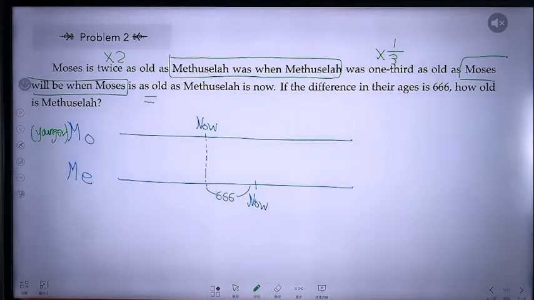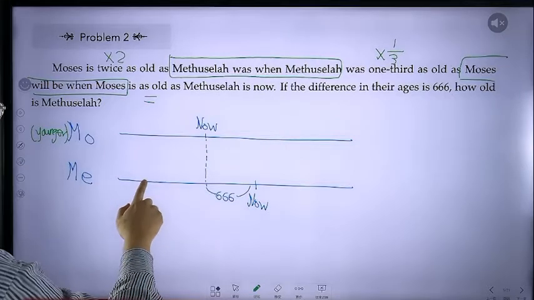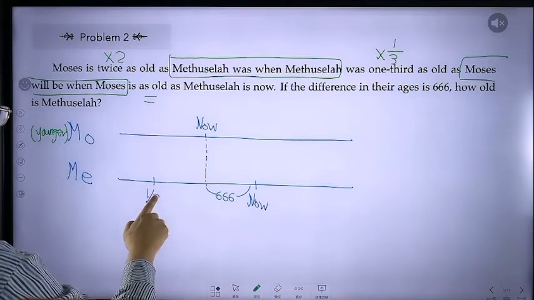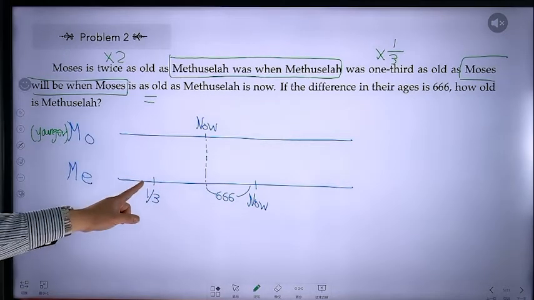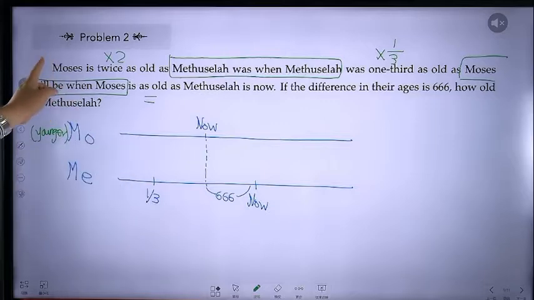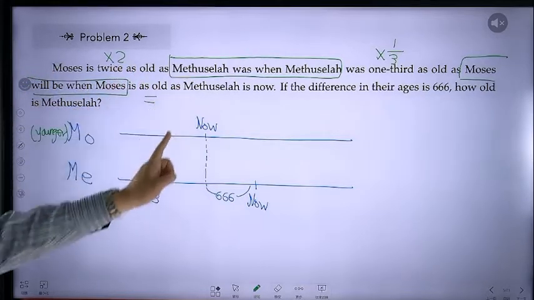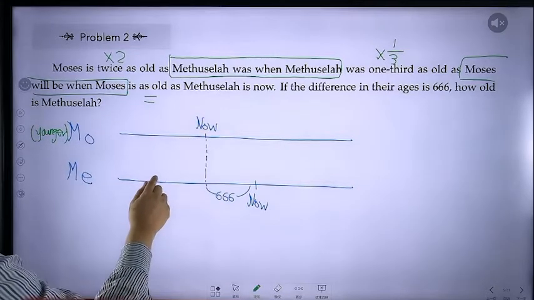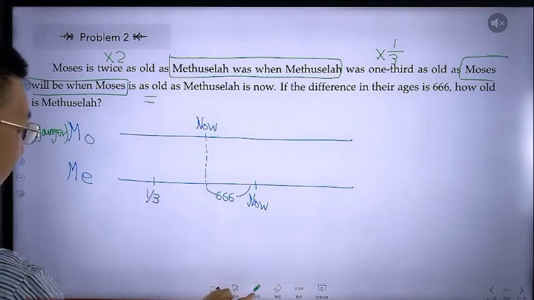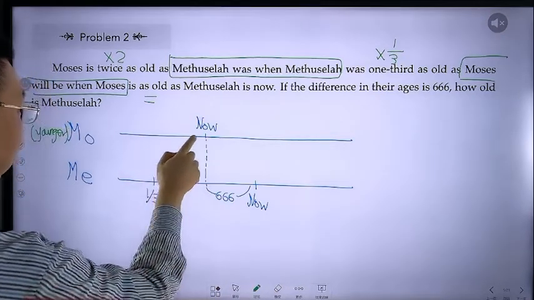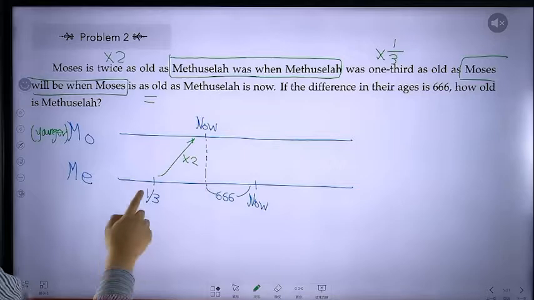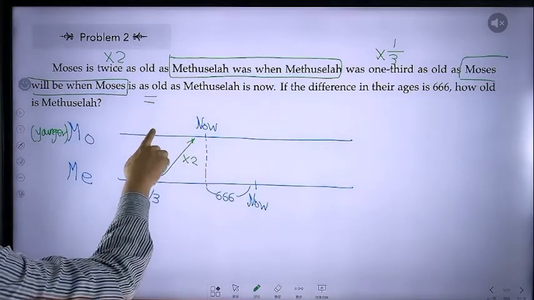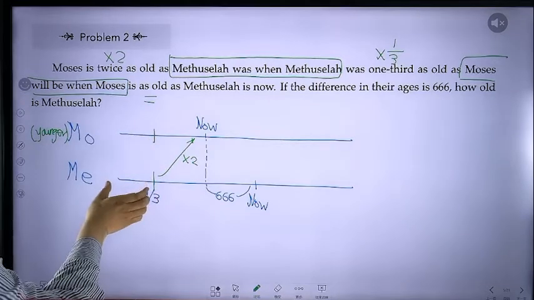Then MO is twice as old as ME was at 1/3. So this means the current age is twice, and the twice relationship should be expressed here. From the line segment you can see this will be the double. So you can have a tick here, and a tick here. That is 1/3.